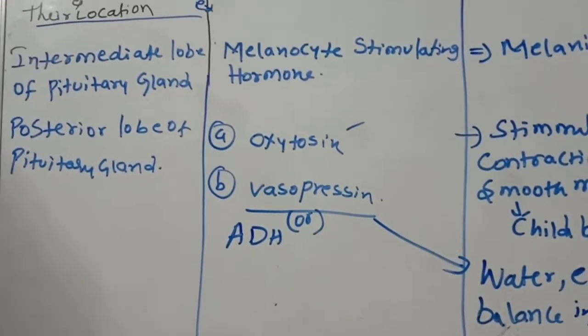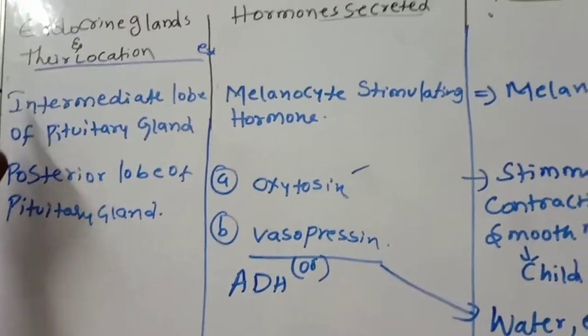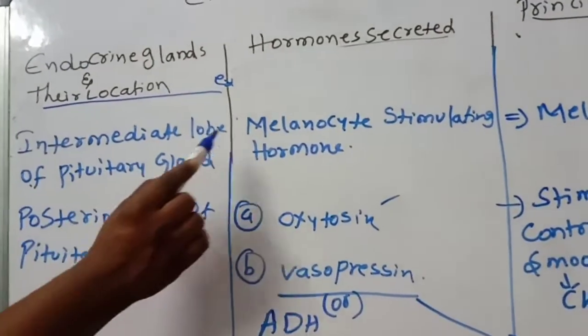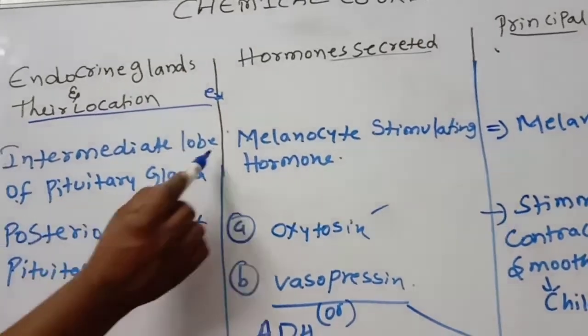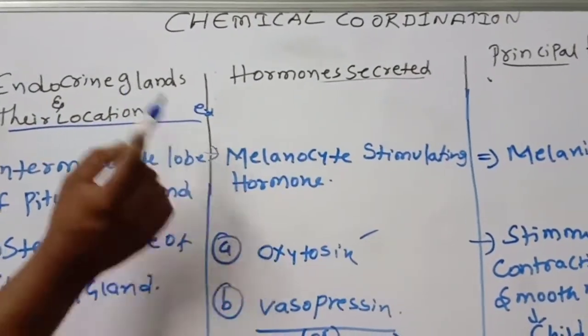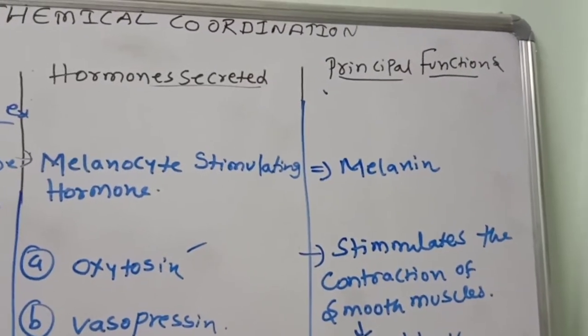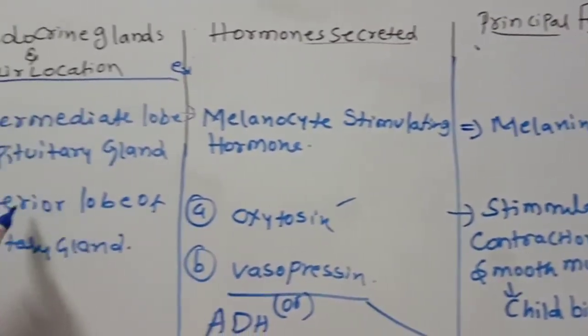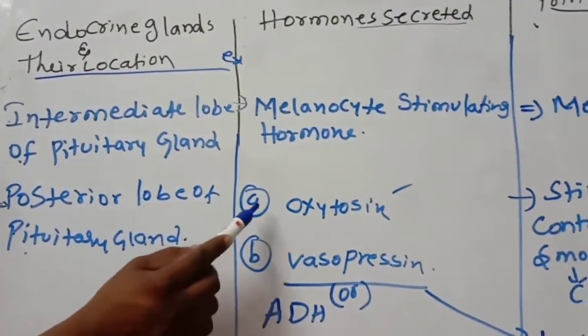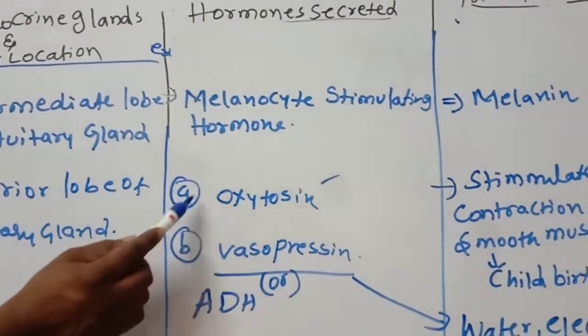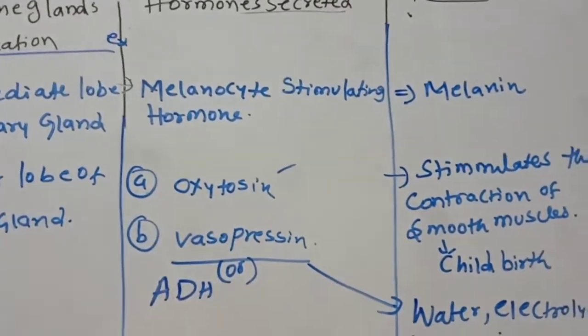Once again, listen carefully. The intermediate lobe of the pituitary gland secretes melanocyte stimulating hormone. Melanin is helpful for giving color to the skin. Next, the posterior lobe of the pituitary produces two hormones: oxytocin and vasopressin.